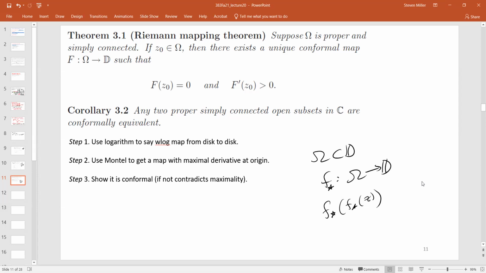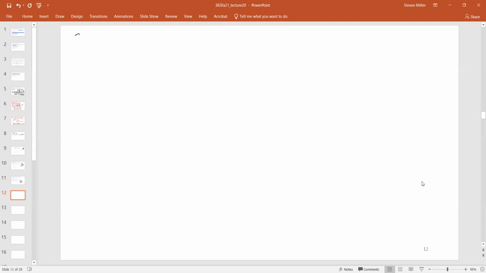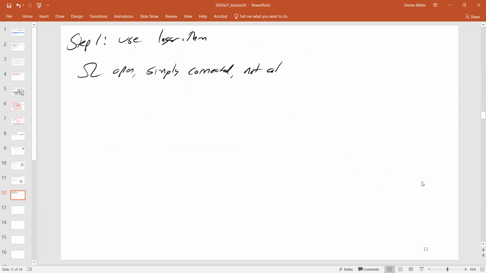Okay, so we have 3 steps. So the first step is use the logarithm. So we have omega is open, simply connected, and it's not all of C. So because it's not all of C, without loss of generality, what does that mean?